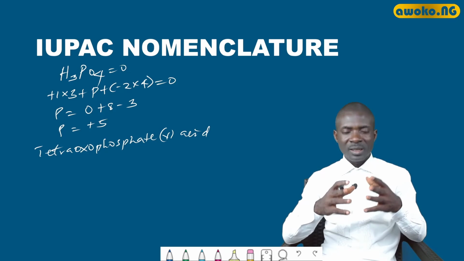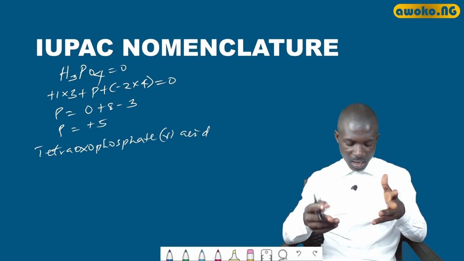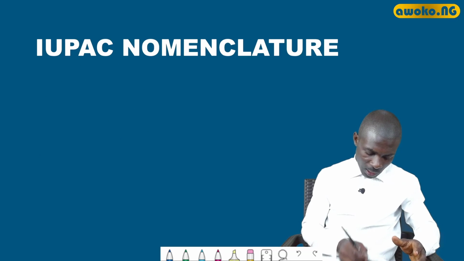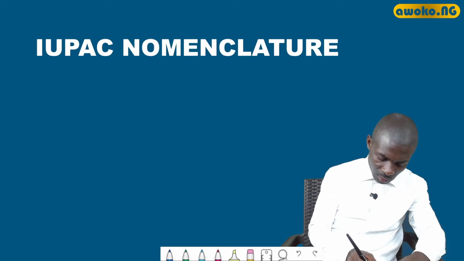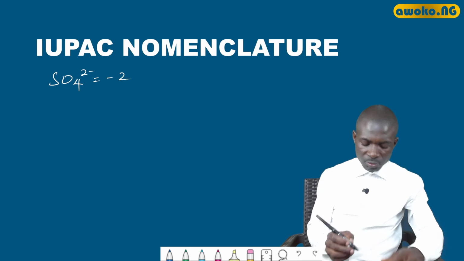Having talked about that, let's look at a few examples of ions and how ions are named. Of course, ions are named ending their names with the word ion. Now let's take a look at a common example of an ion: SO4 2-, which has a charge equal to -2.